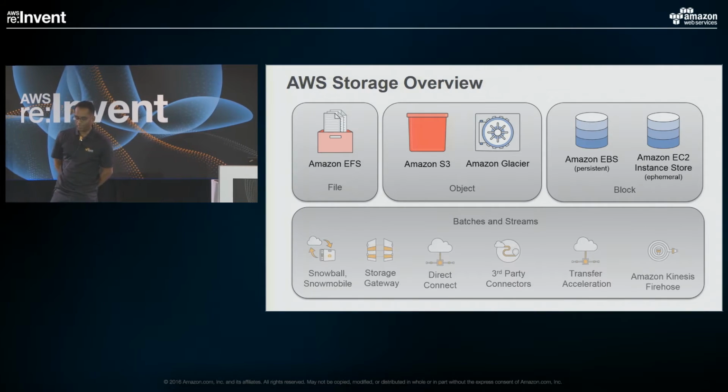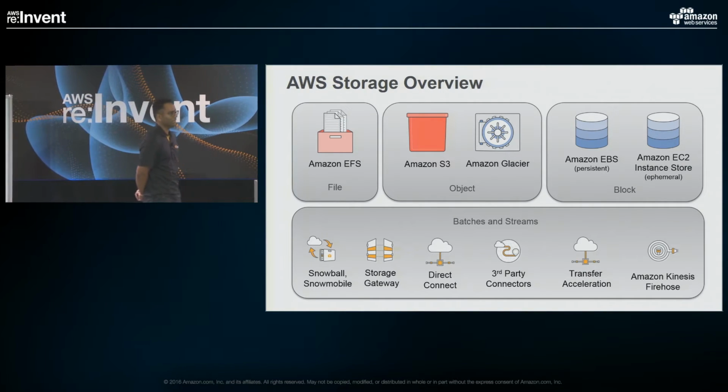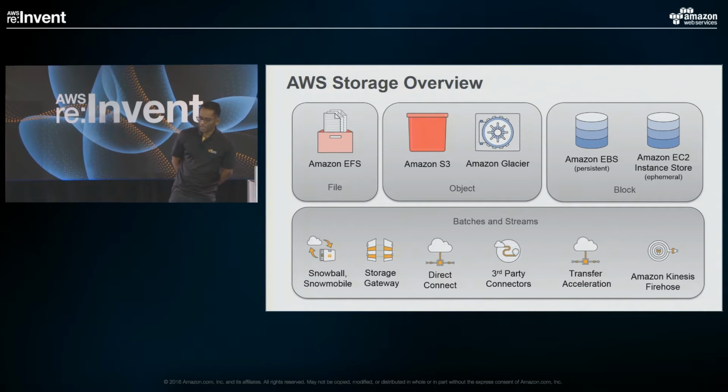In addition to that, we have a variety of ways to import data into the AWS cloud. Prior to this week, Snowball enabled you to import petabytes of data, but as you saw on Wednesday with Snowmobile, you can now import exabytes of data. Services such as Storage Gateway enable you to synchronize data between your premises and AWS.